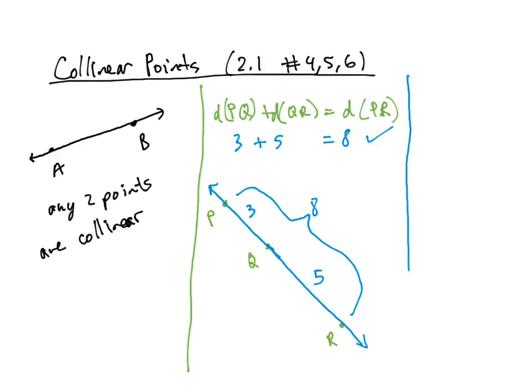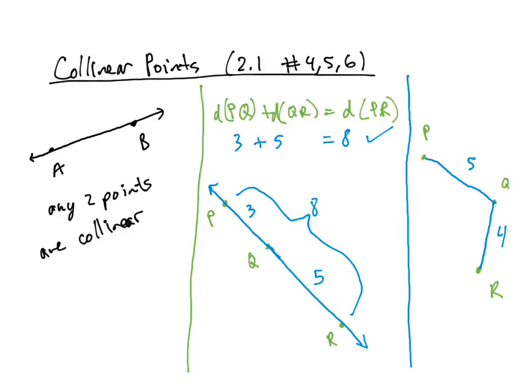Now let's come up with a counterexample. So P, Q, and R here, we can clearly see that these are not collinear. We cannot draw a straight line through these 3 points. And then again, let's assign arbitrary distances in between. Let's suppose this is 5. Let's suppose this here is, I don't know, 4.